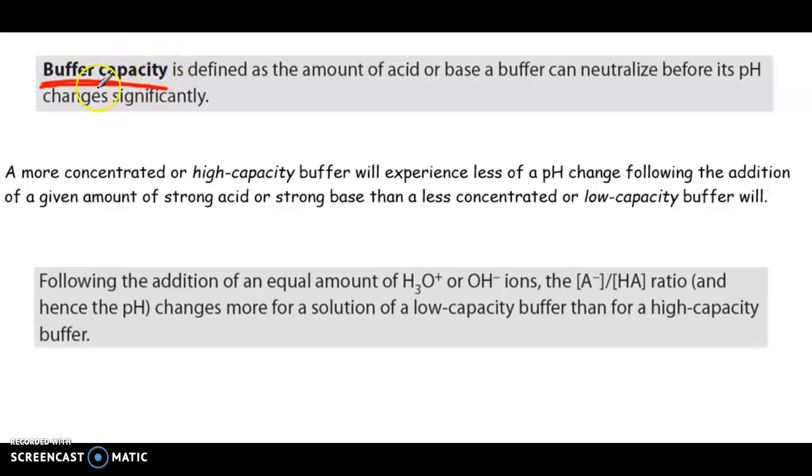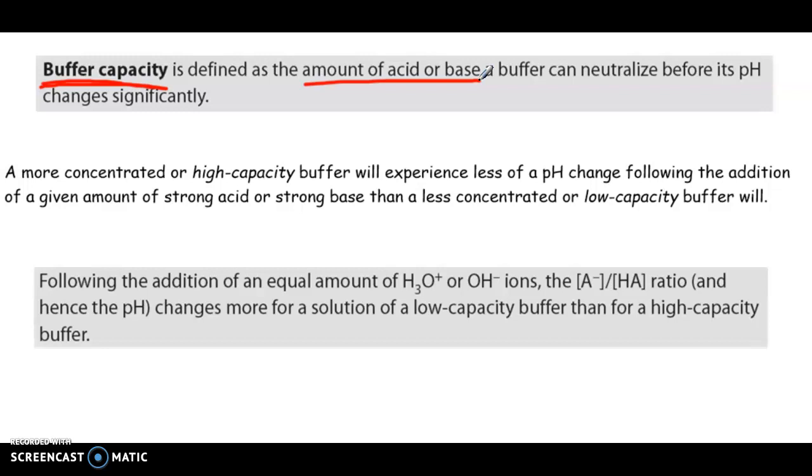A buffer capacity tells you how much of that strong acid or strong base it can neutralize or shift to resist the pH change before we start to see significant changes. It may be, let's say, 5 milliliters for some acids, or maybe we can add in 50 milliliters. It depends on the capacity of that particular buffer.